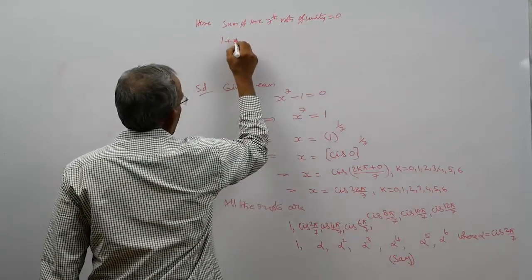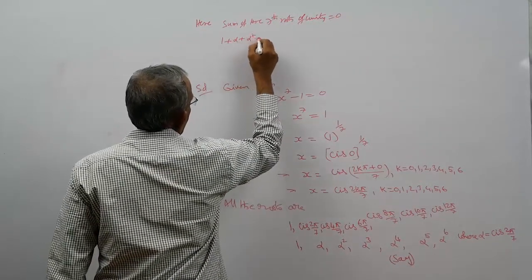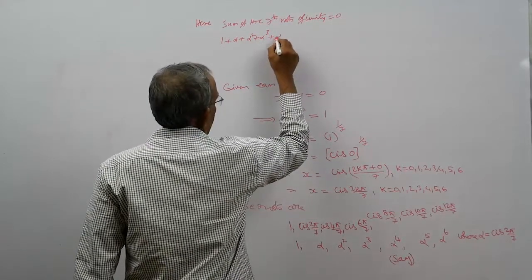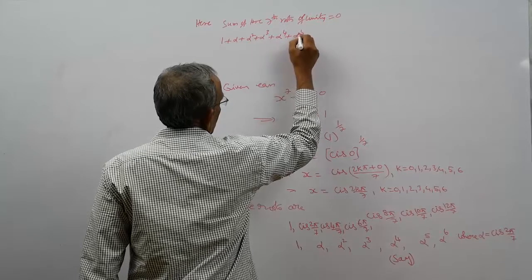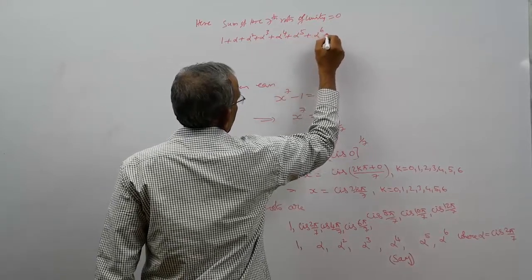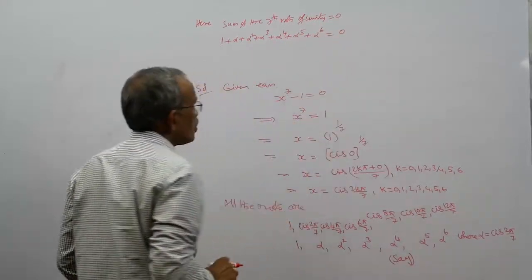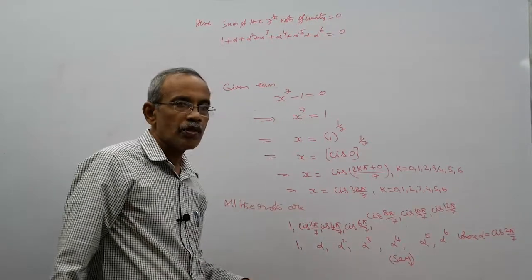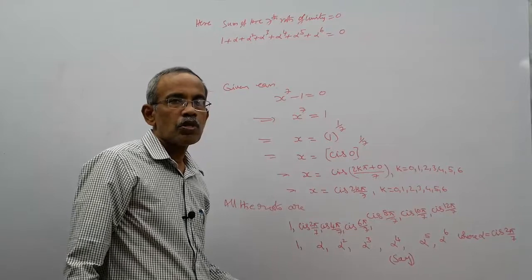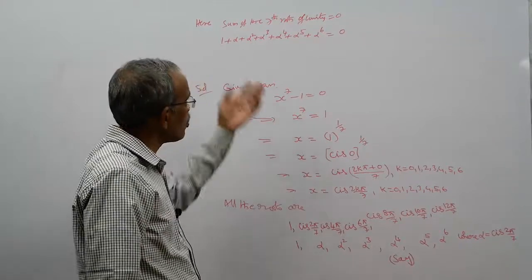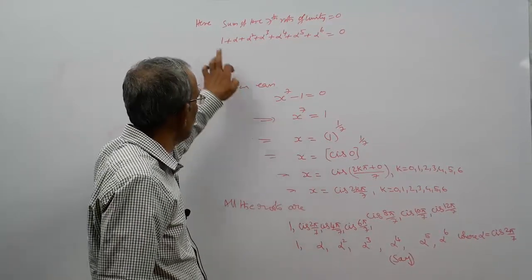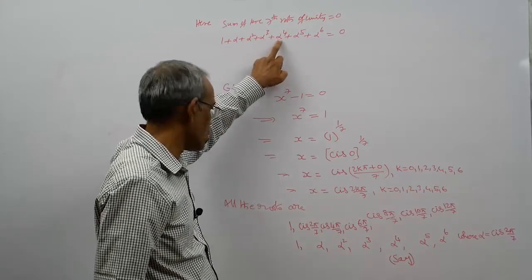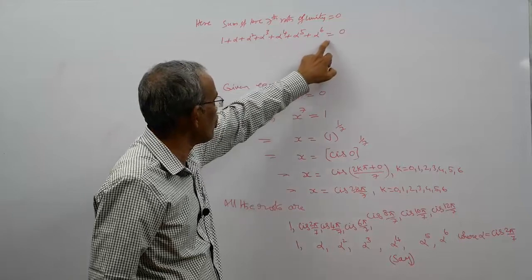So that implies 1 plus alpha plus alpha square plus alpha cube plus alpha to the power of 4 plus alpha to the power of 5 plus alpha to the power of 6 is equal to 0. Sum of the cube roots of unity is 0, sum of the fourth roots of unity is 0. Similarly, the sum of the 7th roots of unity is also equal to 0.